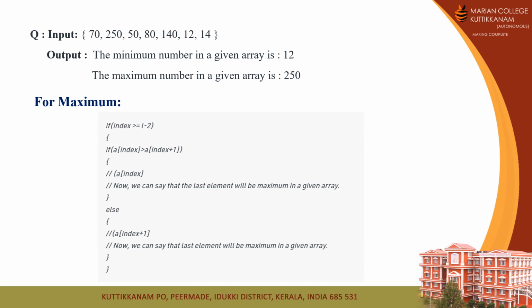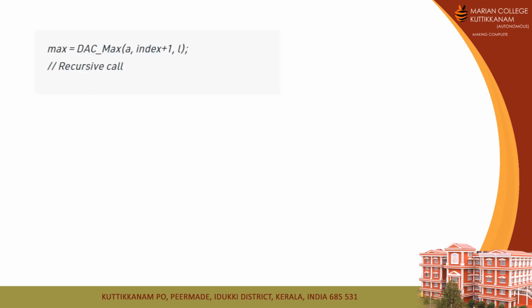Now, we will see the right side condition to find the maximum. A recursive function to check the right side at the current index of an array is max is equal to DAC max of A index plus 1 L. This is the recursive call function.